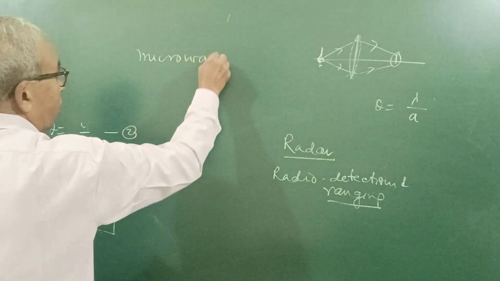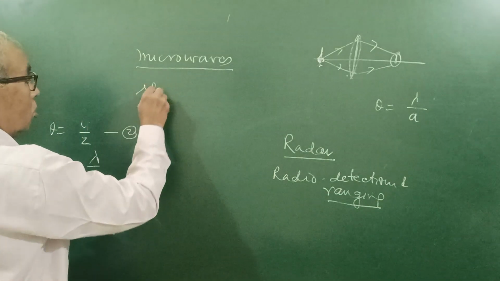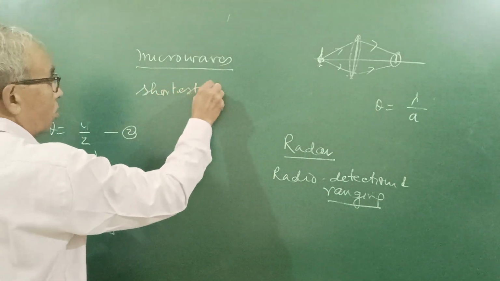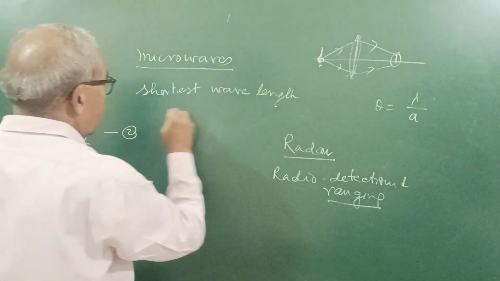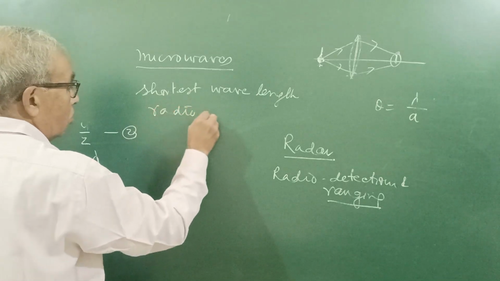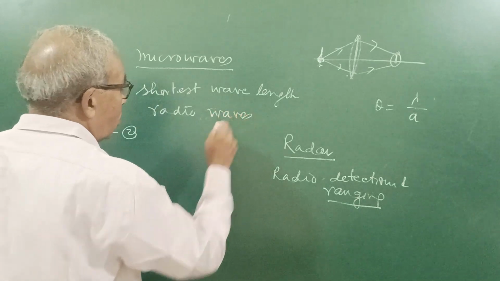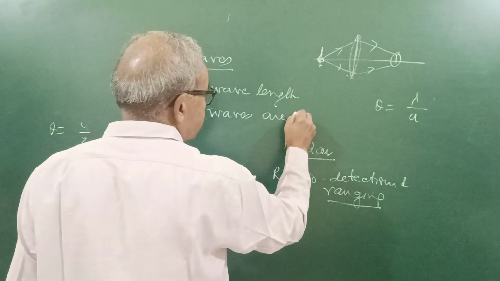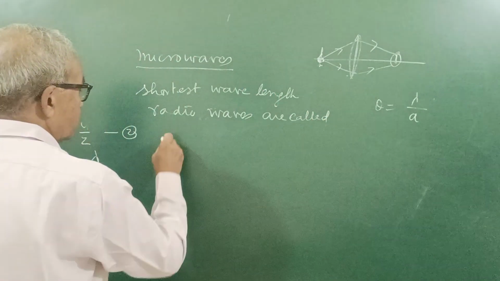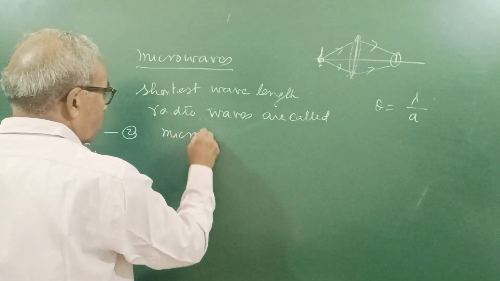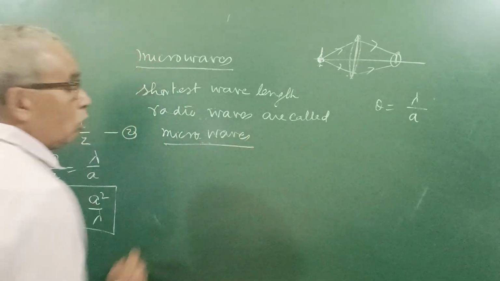I have told you microwaves are the radio waves of shortest wavelength. So microwaves are used in radar.